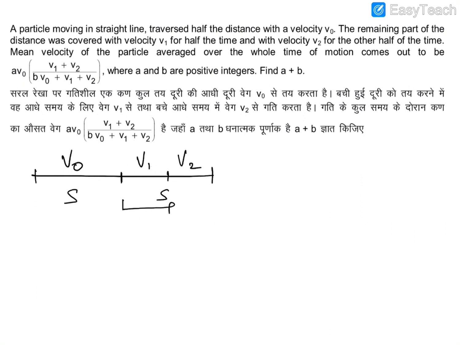So in this case time is being divided. So let us suppose that v0 dash is the average velocity in this case, and it would be v1 plus v2 by 2.